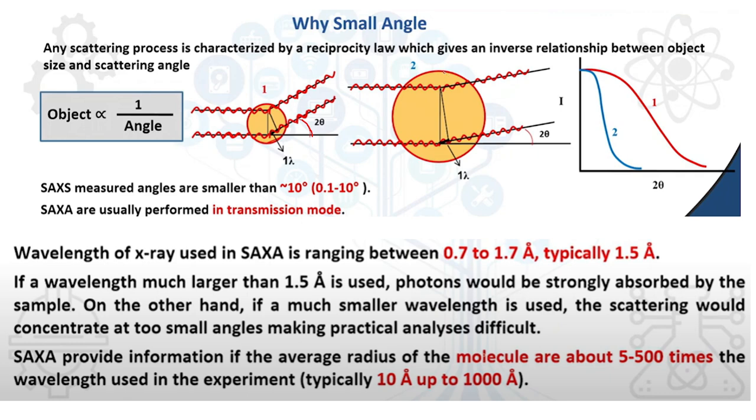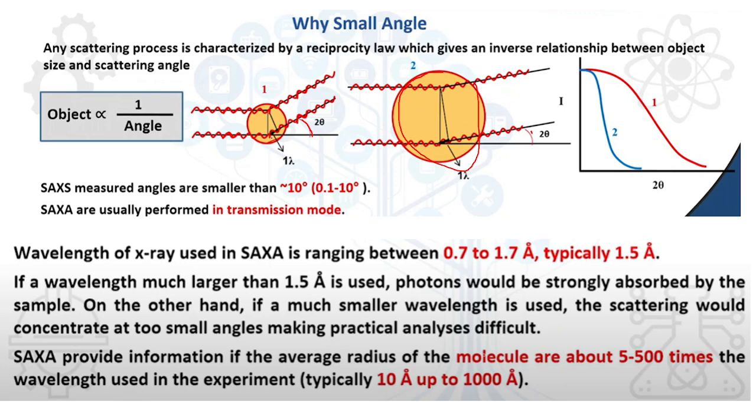Now when the object size is large, the theta value decreases. If you compare the 2 theta values, the larger object has the smaller 2 theta value, as object size is inversely proportional to the angle. Now SAXS actually measures angles below 10 degrees.